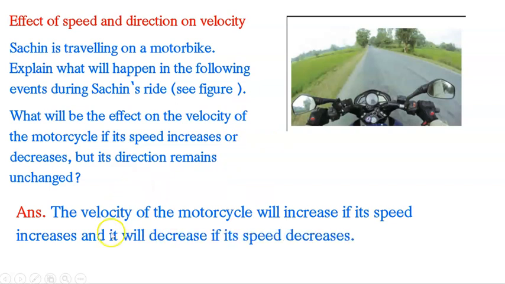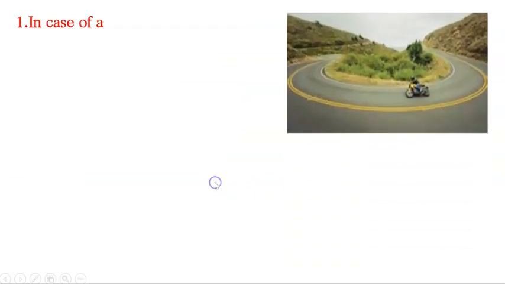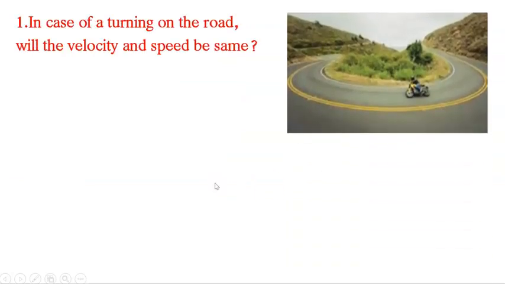Now the answer is the velocity of the motorcycle will increase if its speed increases and it will decrease if its speed decreases. Okay. Now the next. नाव इन दिस केस आता या ठिकाणी टर्न घेतोय, तो म्हणजे त्याची डिरेक्शन कशी होणार आहे? चेंज होणार आहे.